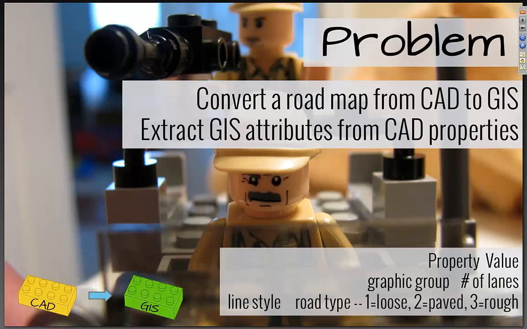So I thought we would jump right in without much more introduction and just get started on a classic old problem. Let's do some CAD to GIS. We want to extract GIS attributes from CAD properties.